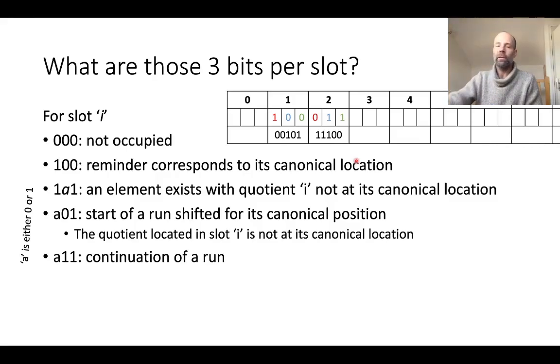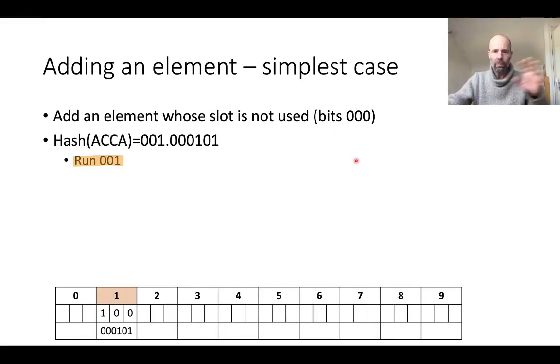Okay, let's see some more examples. So I come back to an empty quotient filter, and I am going to add some elements one by one. I have added here ACCA as this was the case in our first slide. So when we tried to add ACCA, we end up at address 1 as quotient, and this address was equal to 0, 0, 0.